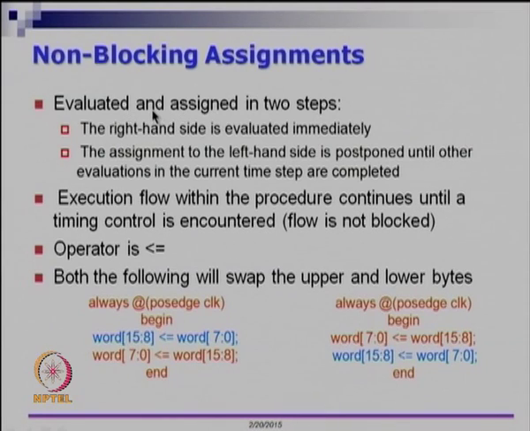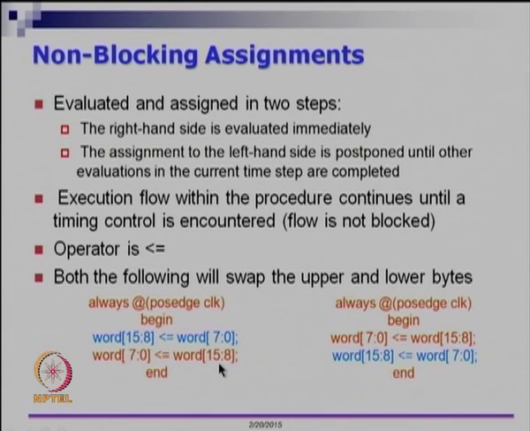Non-blocking assignments are evaluated and assigned in 2 steps. In blocking, as soon as the evaluation is over, you assign it to the left side, whereas in non-blocking the evaluation happens independently and the assignment happens independently. The first thing is, the right side is evaluated immediately. So, if you go and look at this part, the right side is word 7 colon 0 and word 15 colon 8.